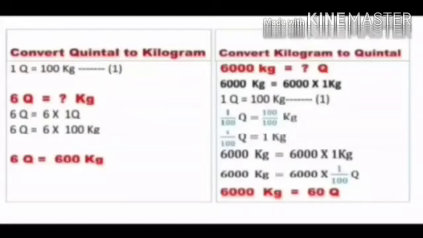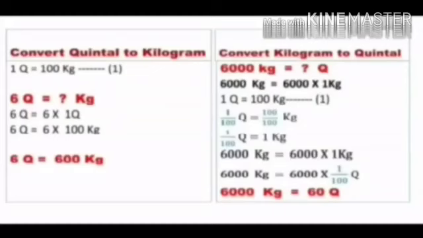We know 1 quintal is 100 kilogram. So 6 quintal is equal to 600 kilogram. Similarly, we can convert any number of quintal in kilogram. We need to multiply it by 100 kilogram.